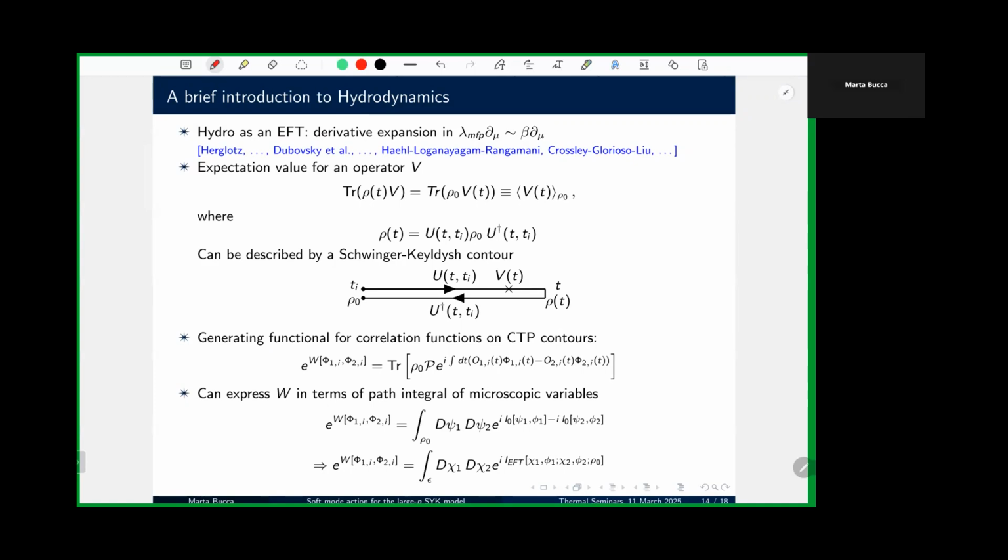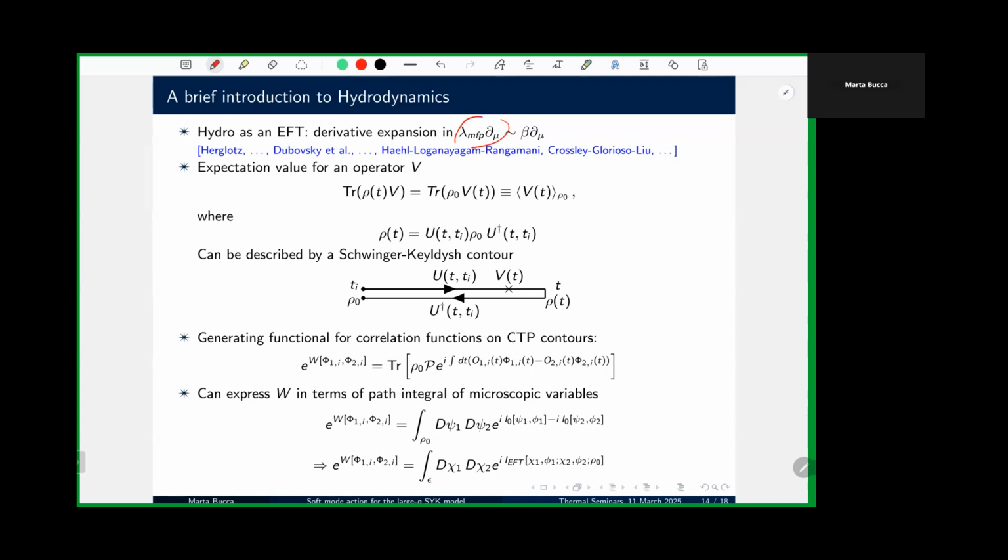And so by construction, the action that you have written down is not going to be local for scales smaller than some parameter lambda. And so you can think of your theory basically as a derivative expansion in this dimensionless parameter lambda d mu. And this is sort of the framework in which you're trying to construct hydrodynamics.